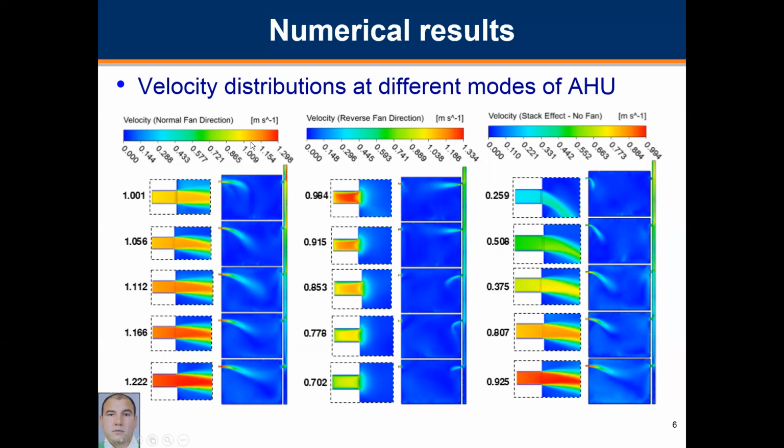The simulation results give the value of the velocity and airflow rates for every single room of the building in corresponding conditions. The average values of the velocity are shown on the screen for the mode of normal fan direction, for reverse fan direction, and for only stack effect without operating fan.